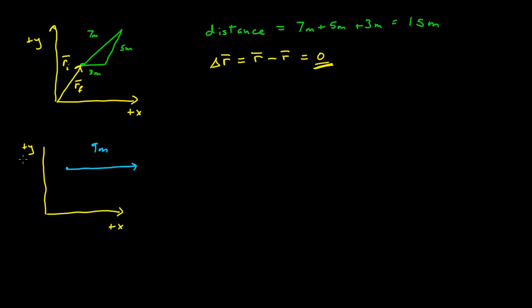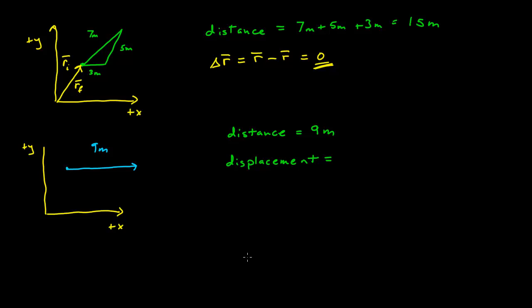So is the distance and the displacement the same in this case? Well, the distance here is 9 meters. That's what it travels. Is the displacement also 9 meters? And the answer is technically no.